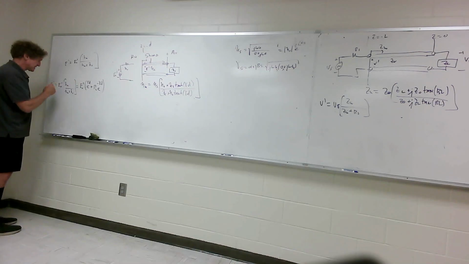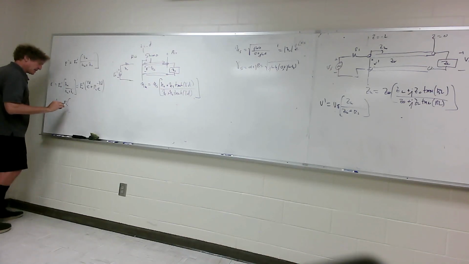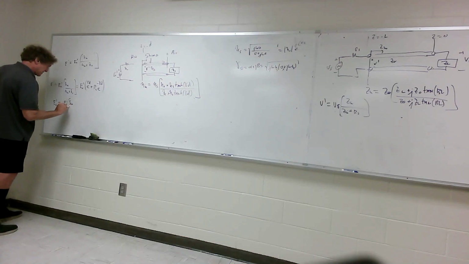So I have to divide this by that, and I find out that E0 of the shield is equal to E naught incident times eta n over eta n plus eta naught.